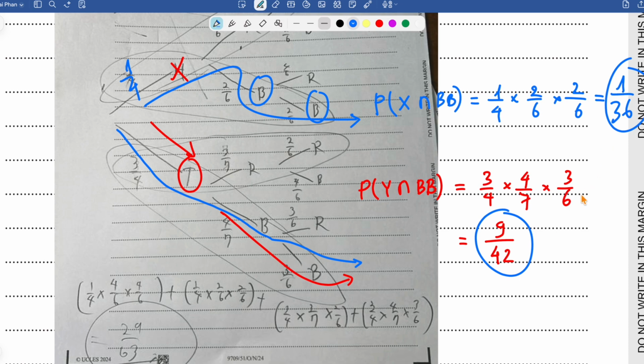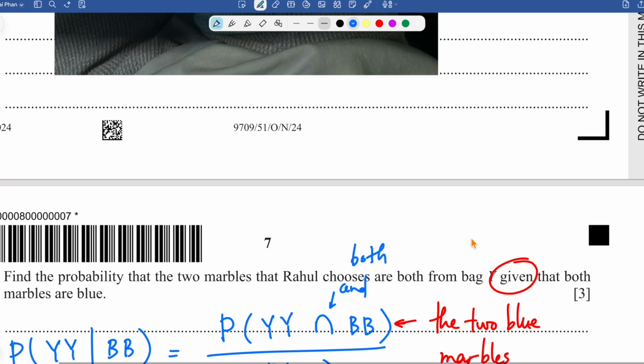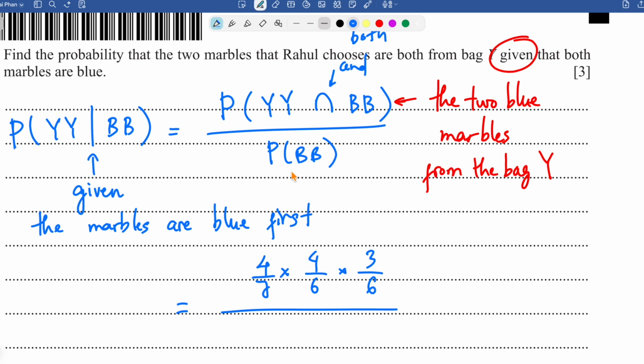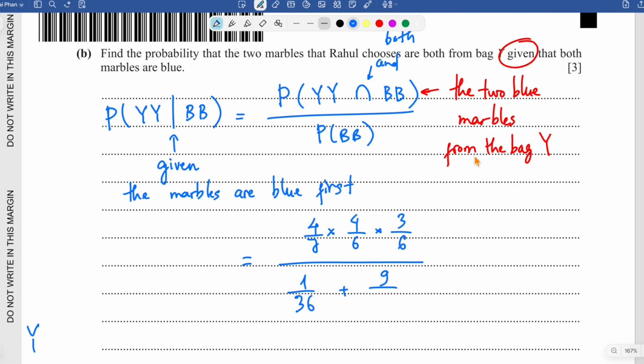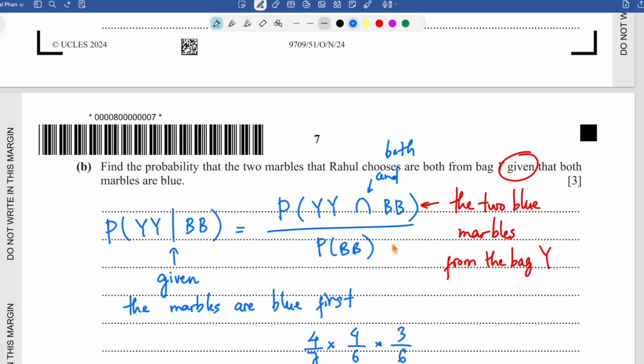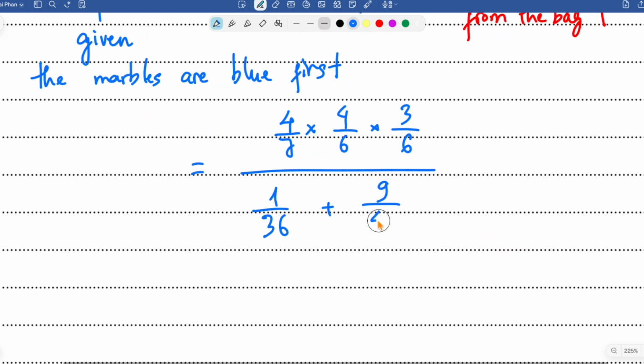So the total probability that the two balls are blue is the sum of 1 over 36 and 9 over 42. Let me check this again: 9 over 42, yes. Now we just use a calculator.